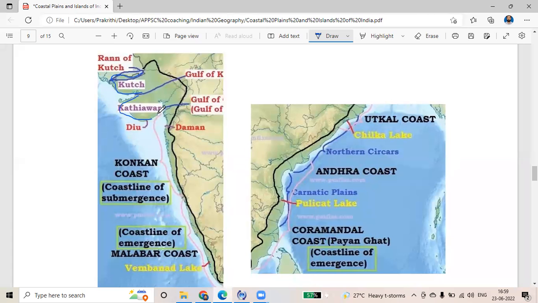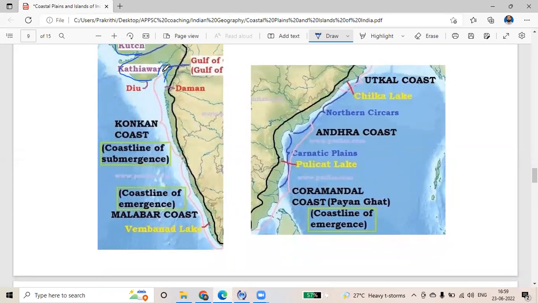Then the Konkan coast, as I said, runs from here almost to Maharashtra. Then from there we will say it as the Malabar coast, but we divide it again.